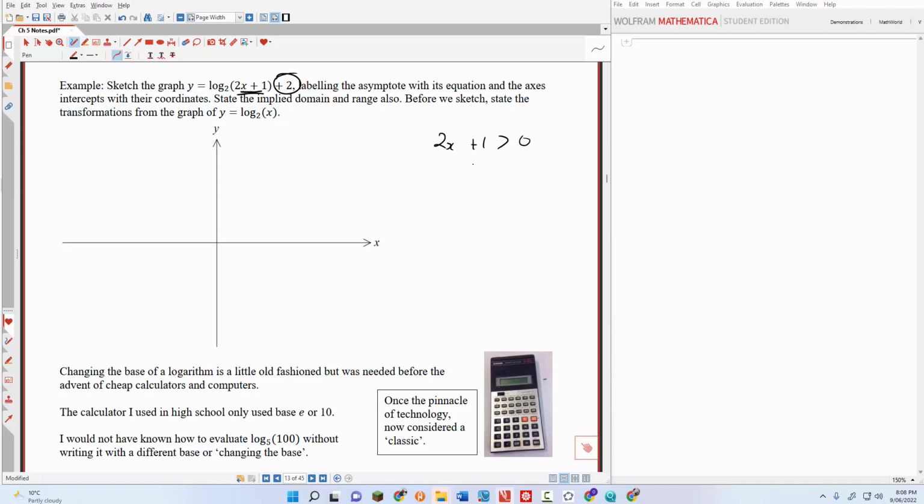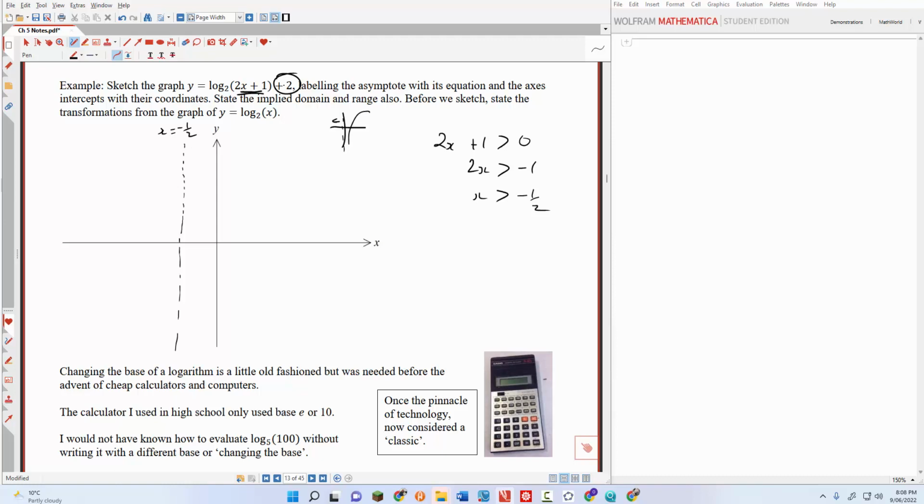That means 2x is greater than negative 1, so x has to be greater than negative 1/2. That's actually where our asymptote is going to be. So this is the standard log function, which looks like this, with an asymptote there, and it's shifting a 1/2 a unit to the left. So let's pop that in. That's going to be x equals negative 1/2.